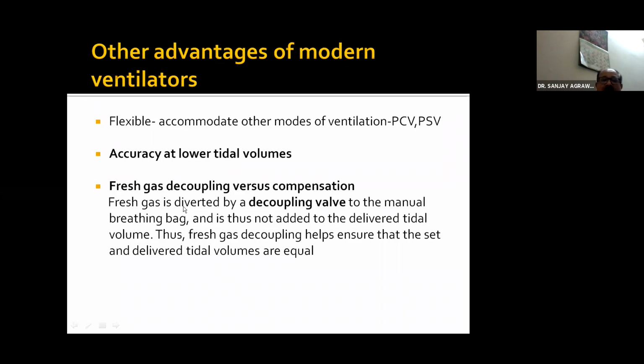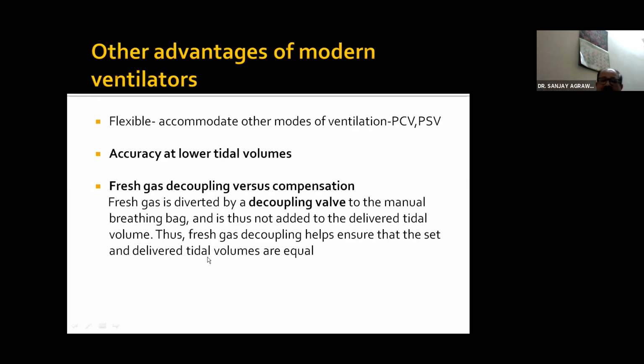They have the advantage of something known as fresh gas decoupling versus compensation. What is this? The fresh gas is diverted through a decoupling valve away from the manual anesthesia breathing circuit, and this is not added to the delivered tidal volume which the patient expires in the next cycle. Because of this fresh gas decoupling, the accurate tidal volume, whatever we have set, goes to the patient.